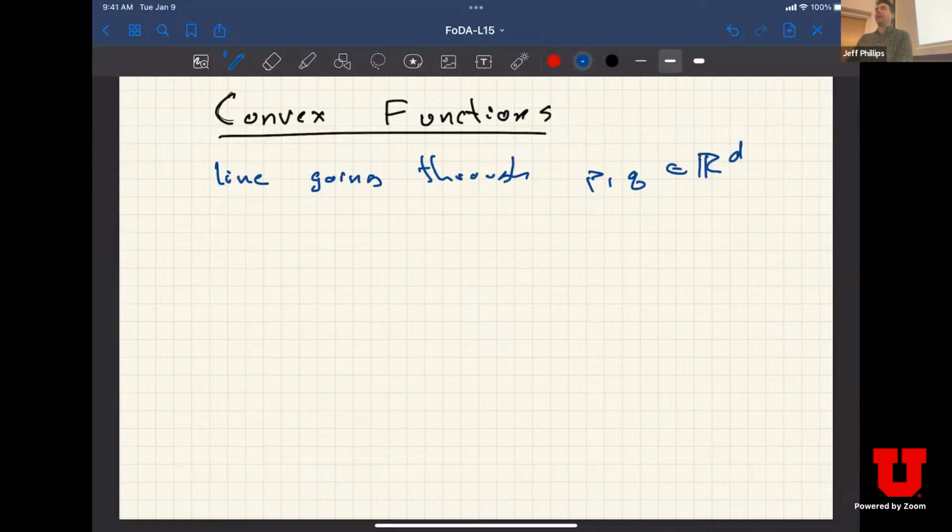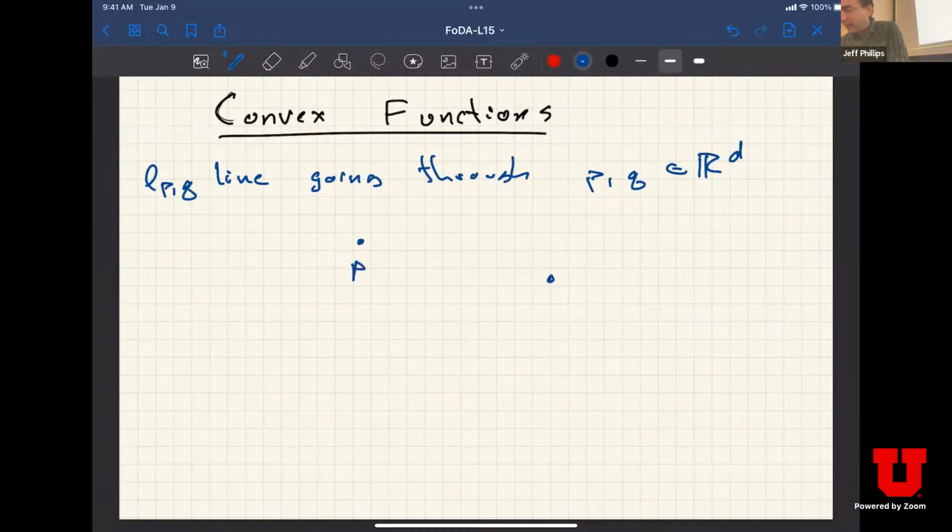I'm going to call this L_PQ. I like this definition because you can draw a picture and then write down the mathematics, and that math will be useful for understanding the convex function.